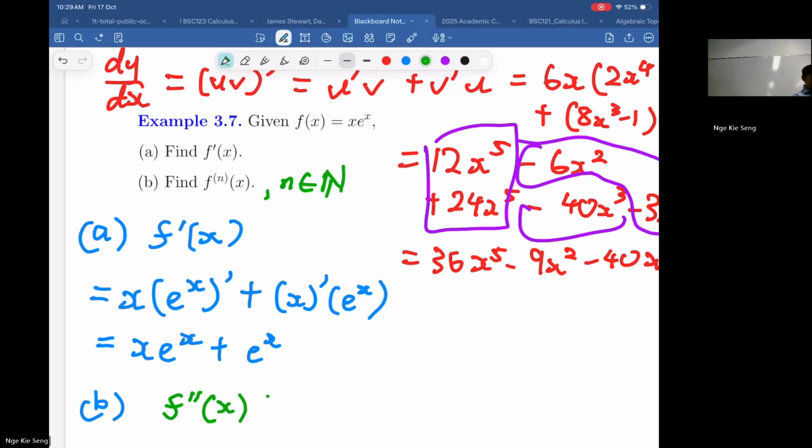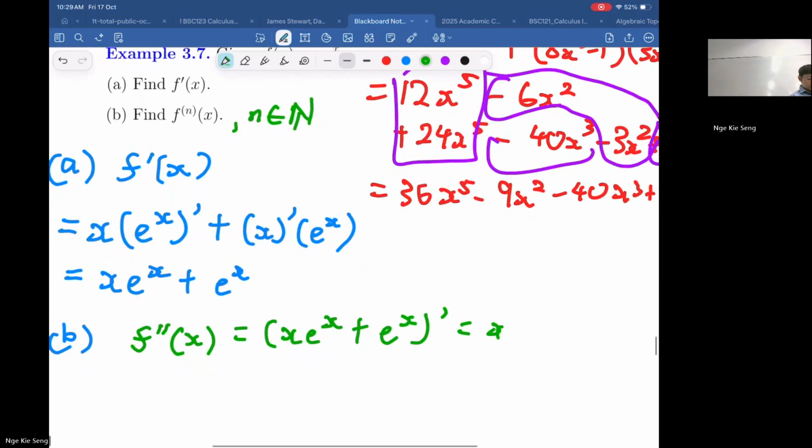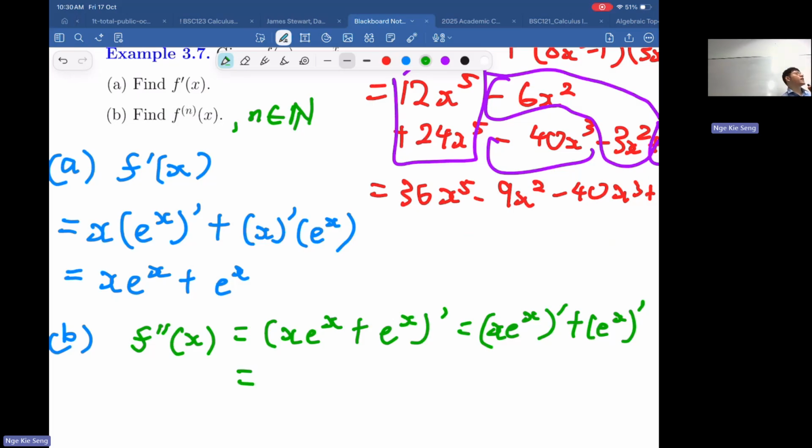You are differentiating x e to the x plus e to the x, right? You know that you can differentiate x times e to the x and e to the x separately, so it is just (x e^x)' plus (e^x)'. Do you still need to use the product rule again? No need, we already computed it in part 1.